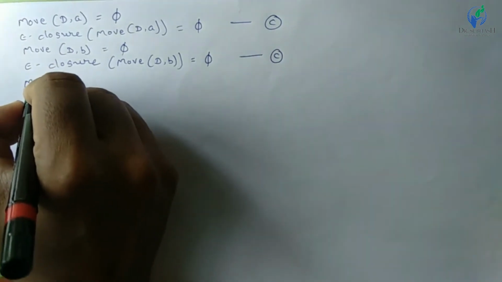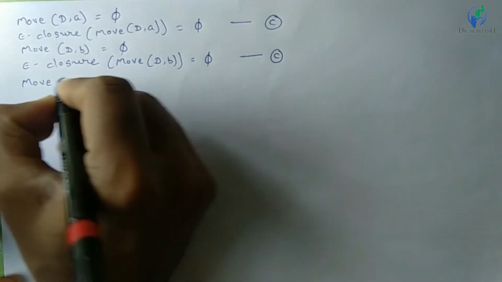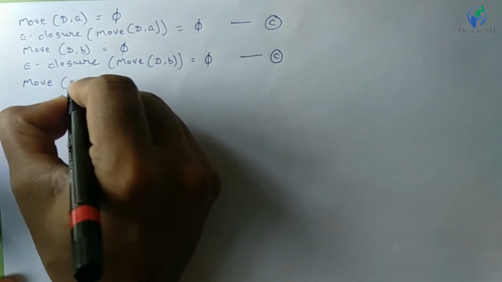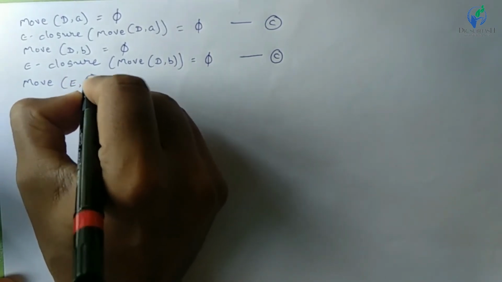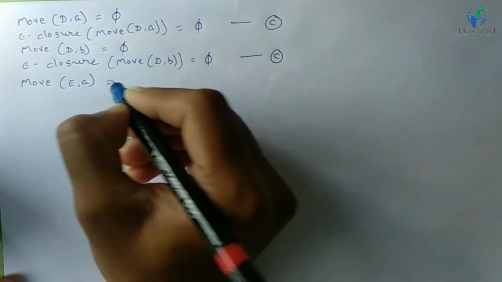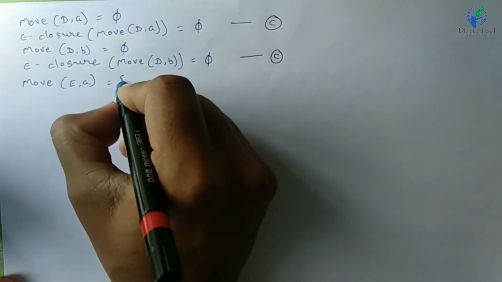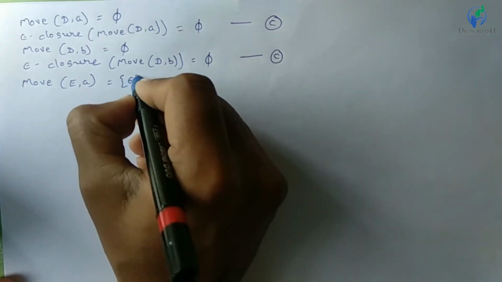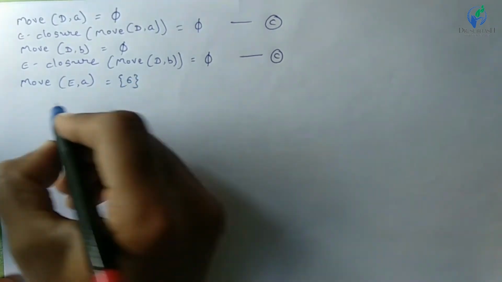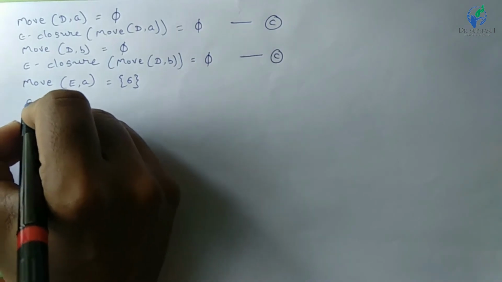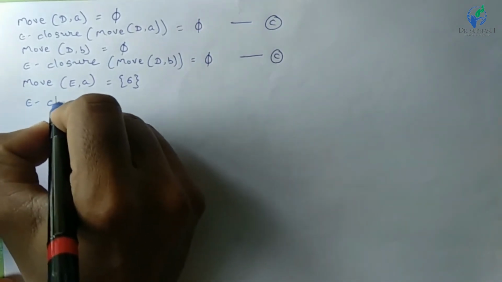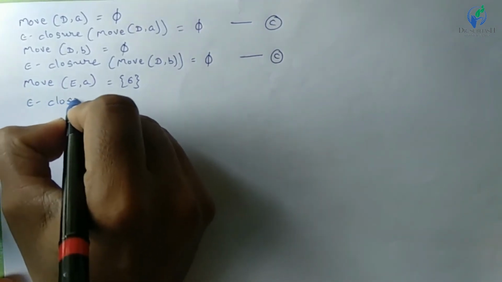Next, move E to A. Find input transition for A from state E. There is 6. So we have already found the epsilon closure of 6.